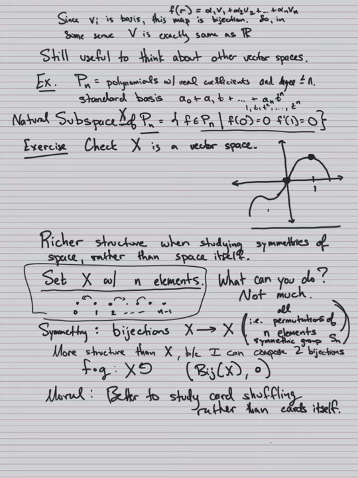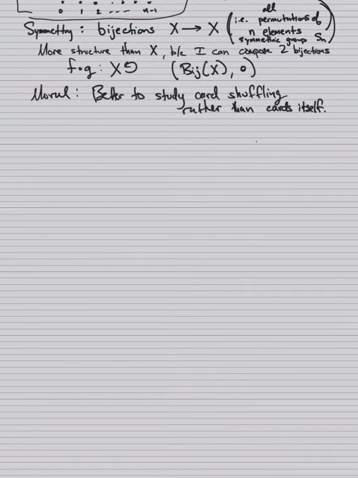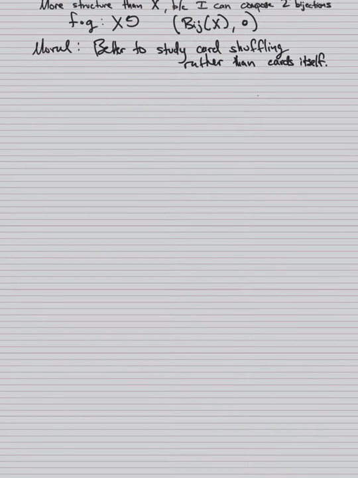Anyways, so for this class, we don't just have a set, right? We have a set with additional structure, right? We're looking at vector spaces, not just arbitrary sets. So here's kind of the philosophy here, which works more generally.